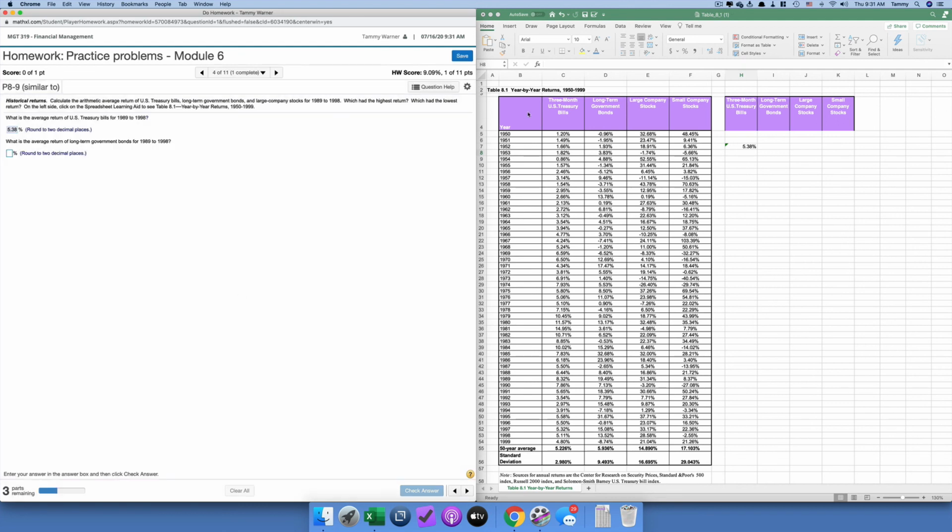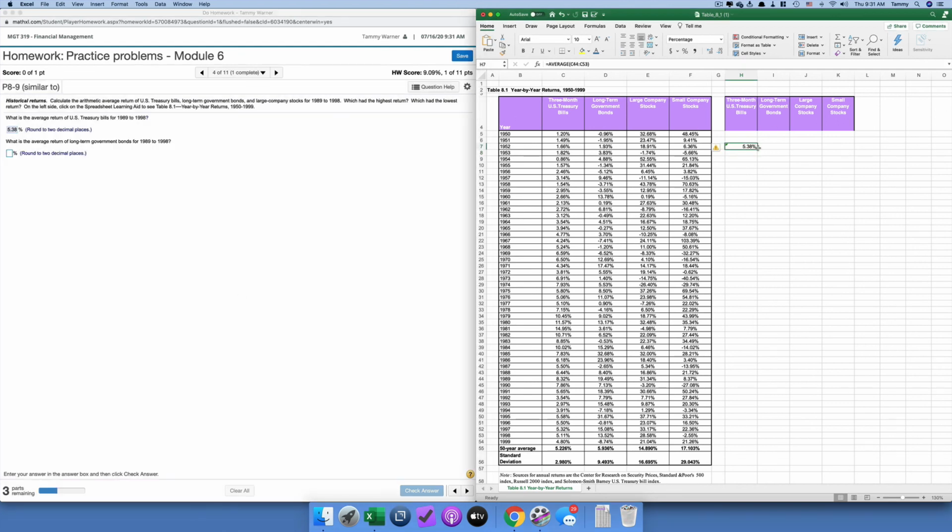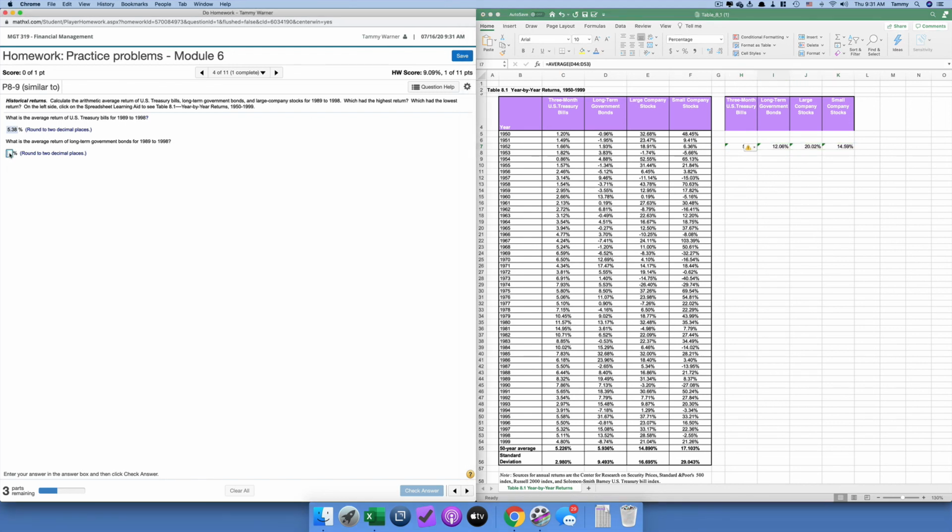Okay, now that we know that it's working right, all you have to do is copy that formula over and you'll get the rest of the answers. Long-term government bonds was 12.06%. And large cap stocks was 20.2%. 0.02, I'm sorry.